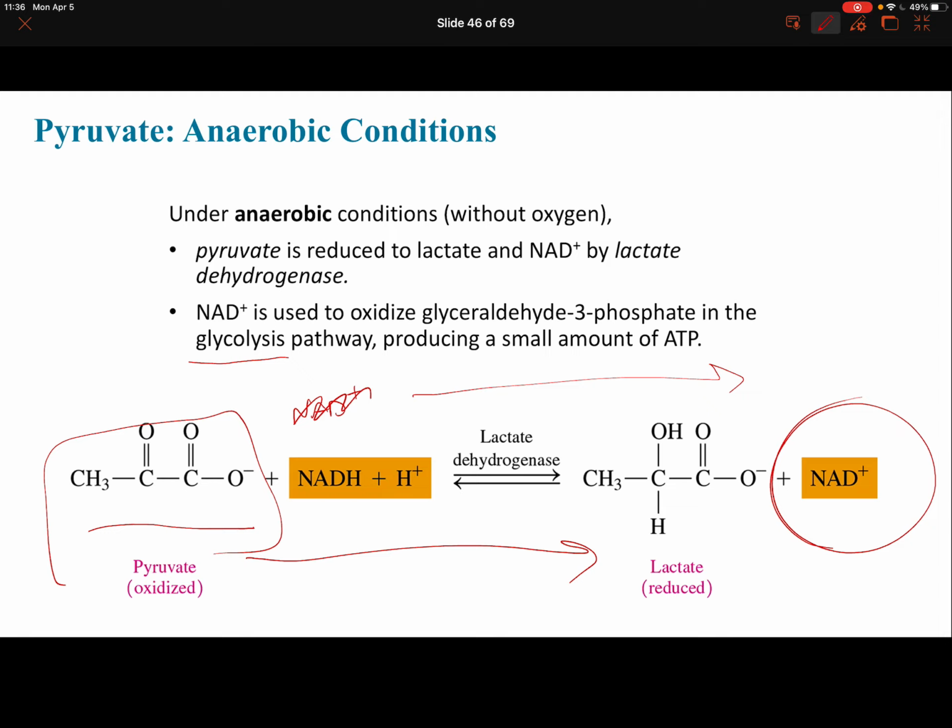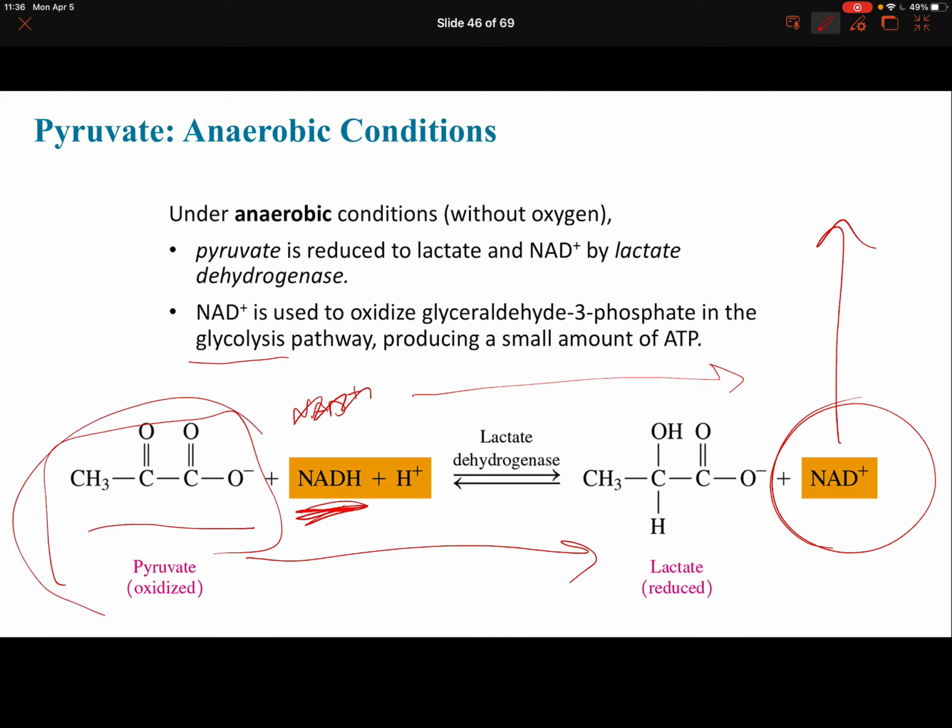But anyways, what happens is, we don't have oxygen present, so that pathway for pyruvate plus acetyl-CoA shuts down, and the only way we can do something with our NADH instead of sending it to the electron transport chain is to just regenerate NAD plus, because if we can keep glycolysis running, that always gets us 2 ATPs every time. 2 ATP, 2 ATP, 2 ATP.